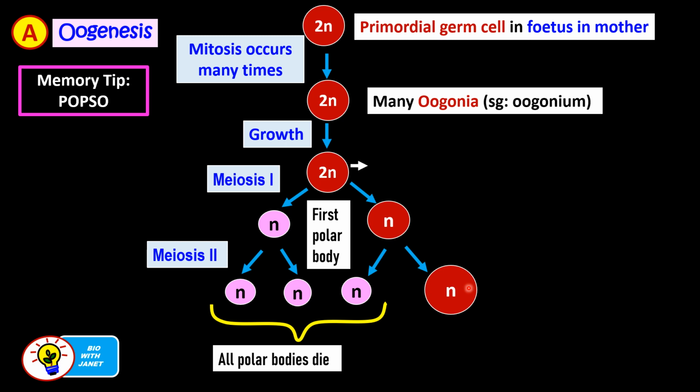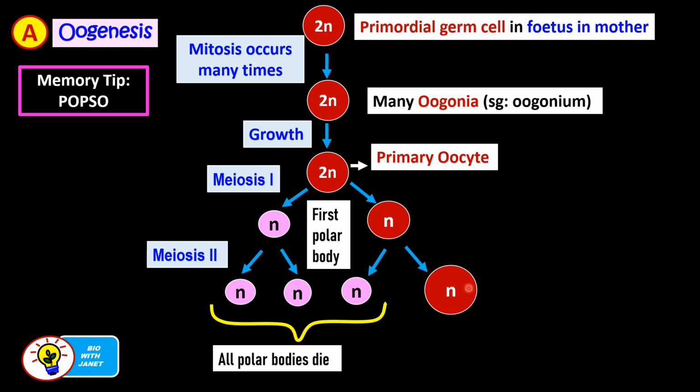Next, each oogonium grows bigger and develops into a diploid primary oocyte. The primary oocyte is surrounded by layers of follicular cells to form a primary follicle, which we will study later. The primary follicle is an egg bag that contains the primary oocyte.